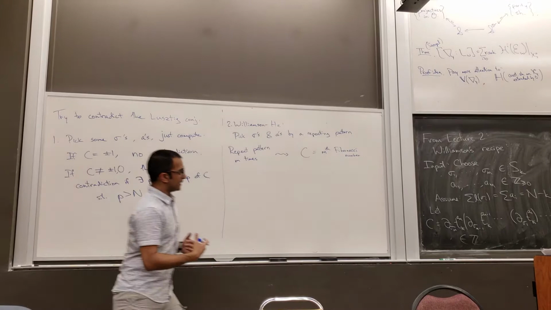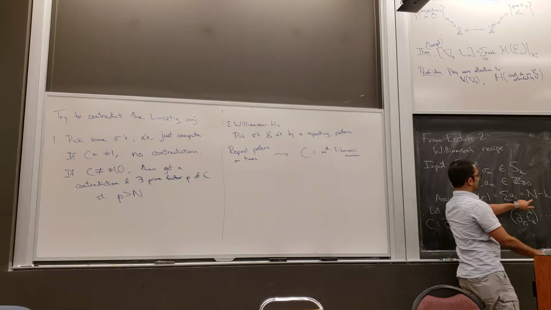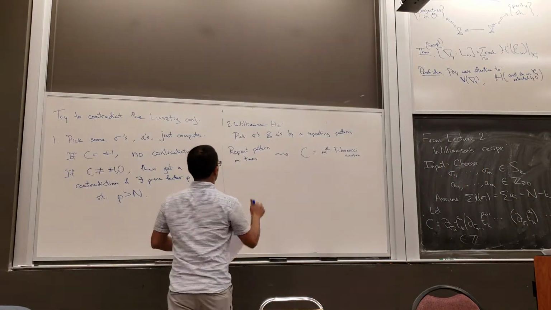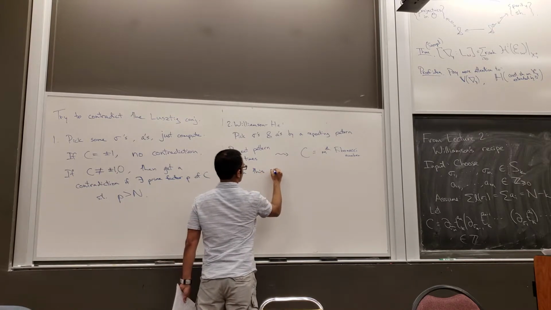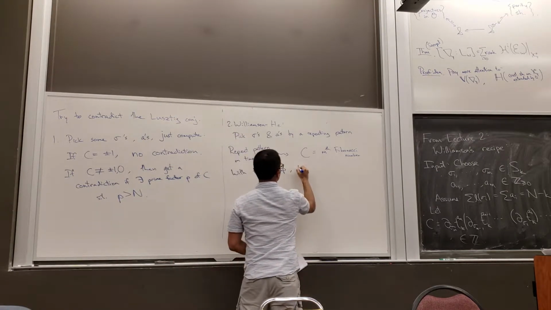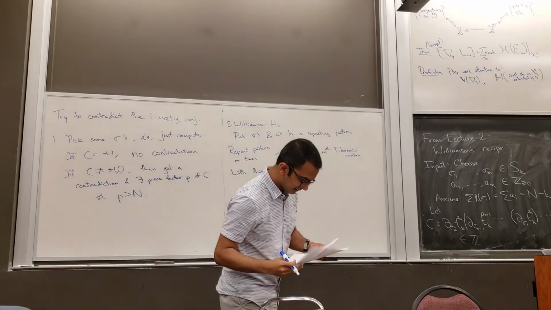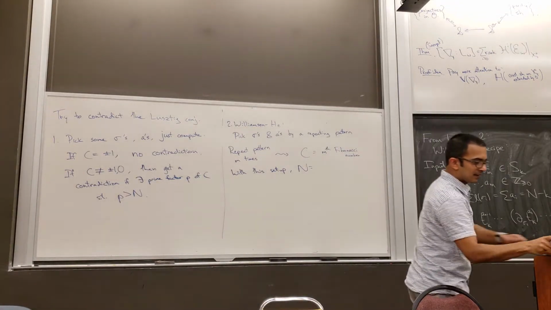But if you repeat them, then that means that these sums get larger, which means capital N has to get larger as well. And so with this setup, let me tell you what the formula for capital N is.